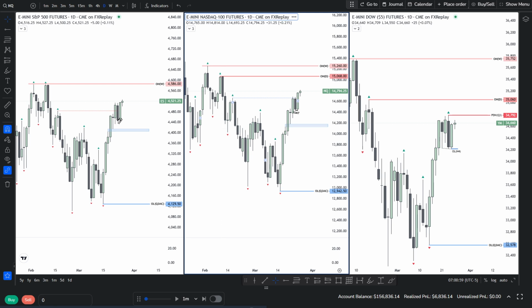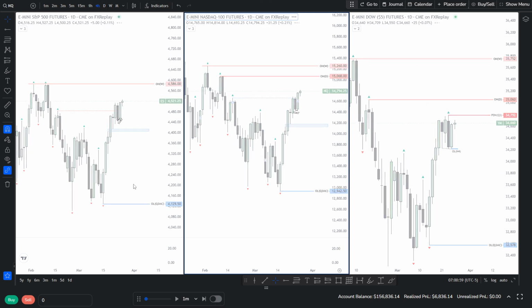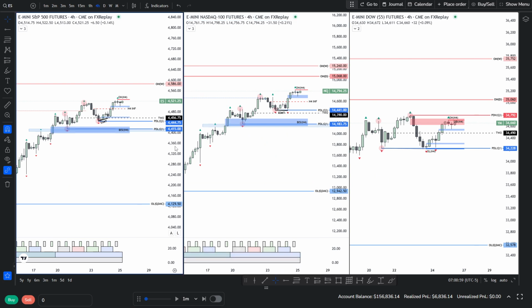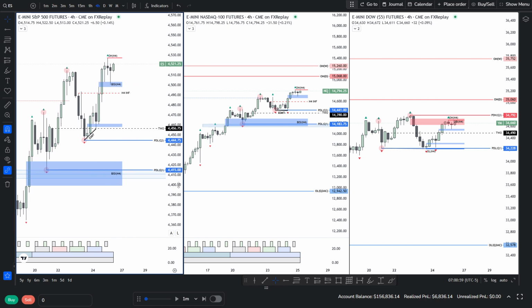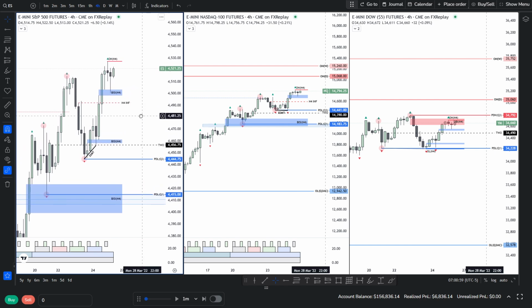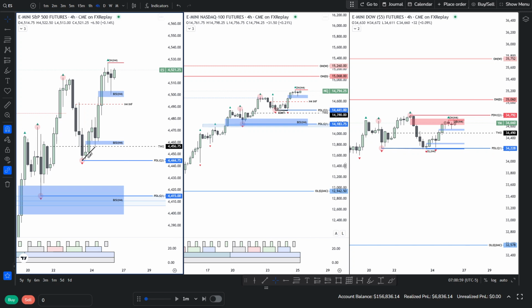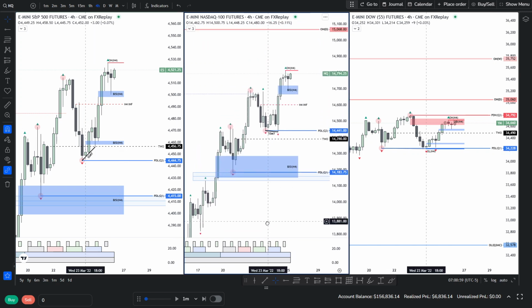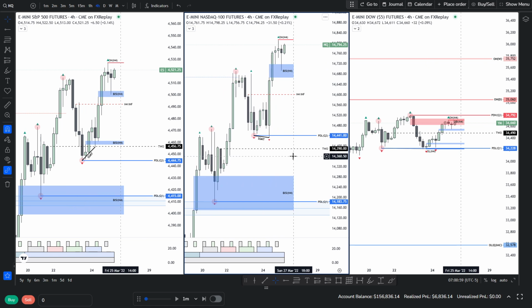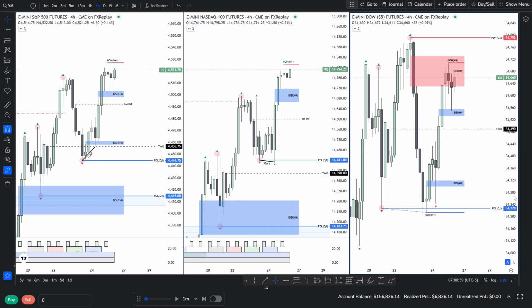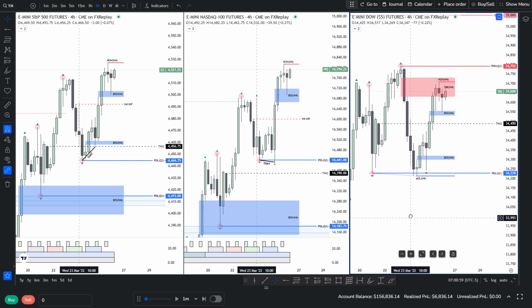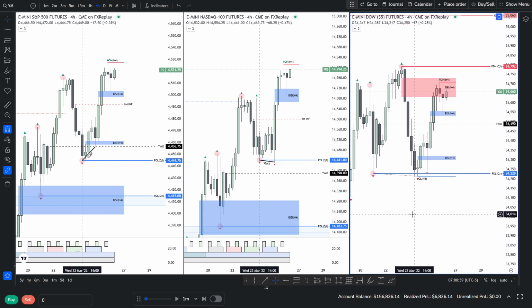Okay, so we're going to drop down now to the 4 hour. So going through my same process. This is the process that I use in the live markets and trading. So, okay, so got a little bit going on.